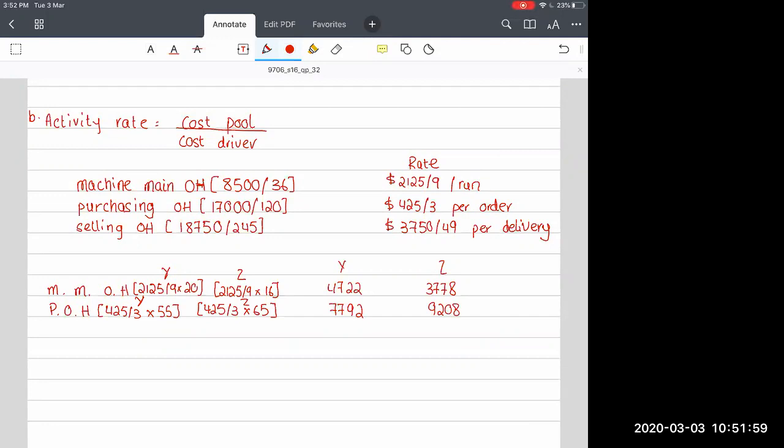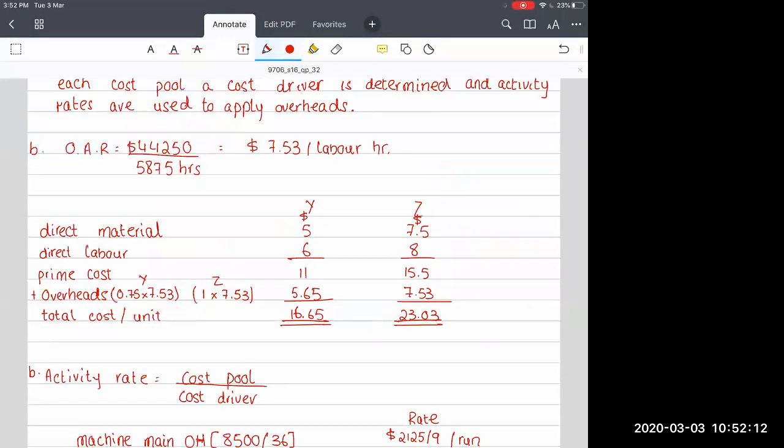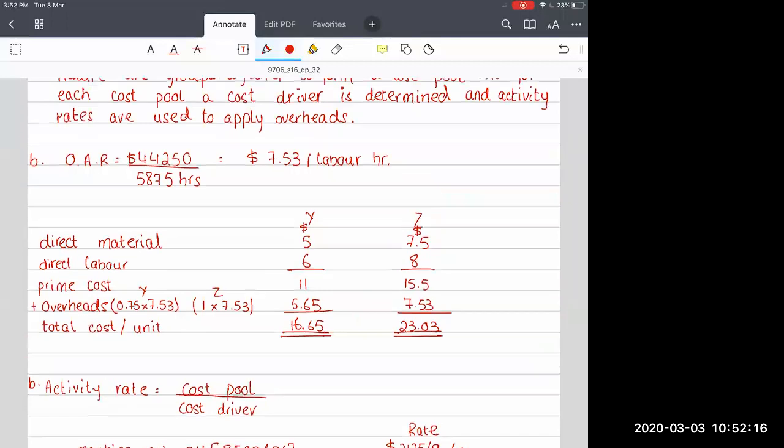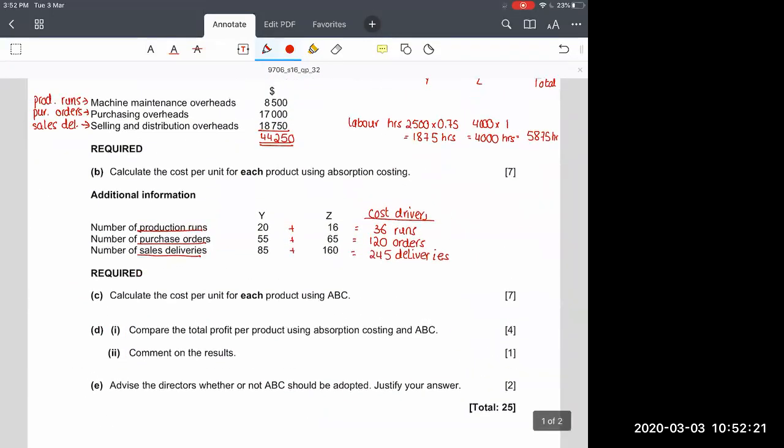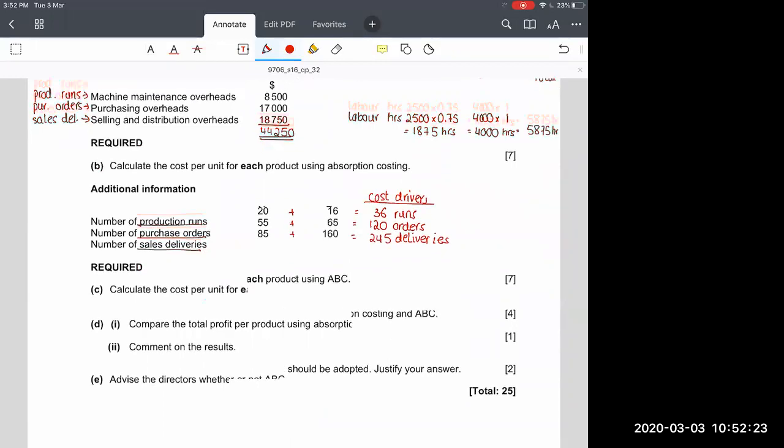Next, selling and distribution overheads, which is based on number of sales orders. The activity rate was 3750 upon 49. Multiply by the sales deliveries, which are 85 and 160.